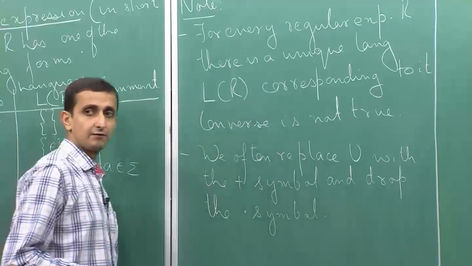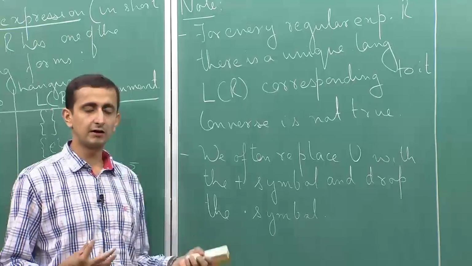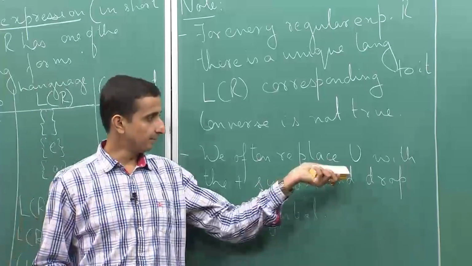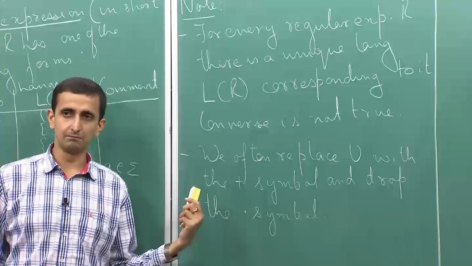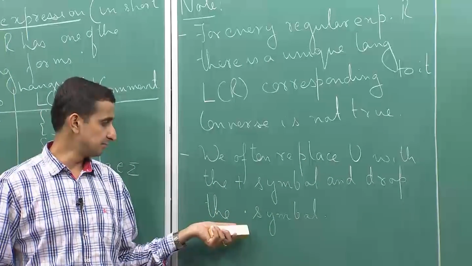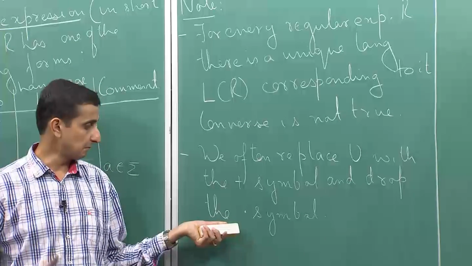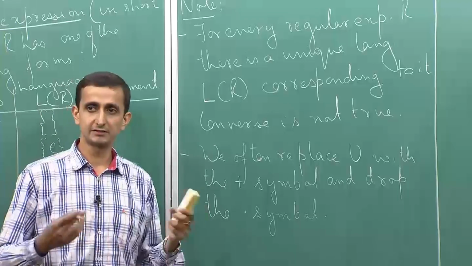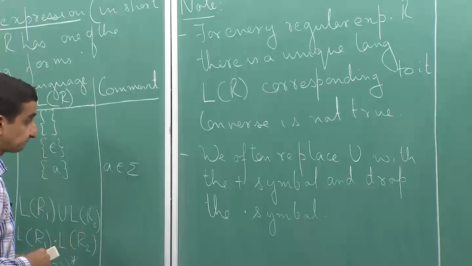Okay. So, just to give it a more algebraic feeling, when we are actually working with regular expressions, we replace the union symbol with the plus symbol, okay, and wherever it is sufficiently clear, we do not use the dot symbol, we just ignore it.